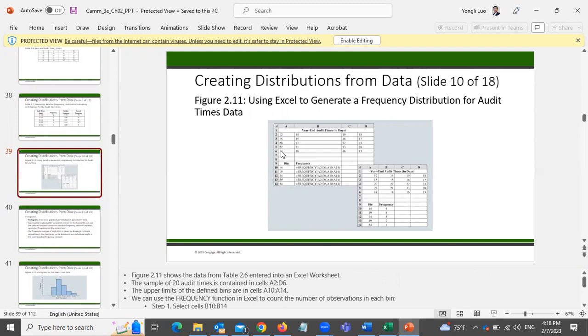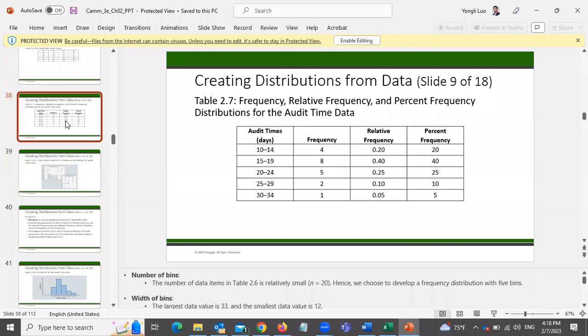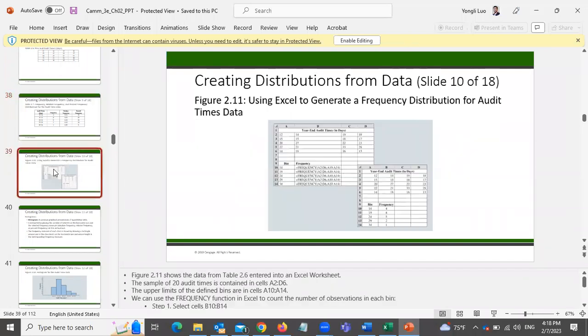So you can see this is the data we have here. Of course, you can use FREQUENCY, right? You can use the FREQUENCY function or COUNTIF. The function we're going to use is called COUNTIF or FREQUENCY. For the data, say we have A2 to D2, and A2 to D6.